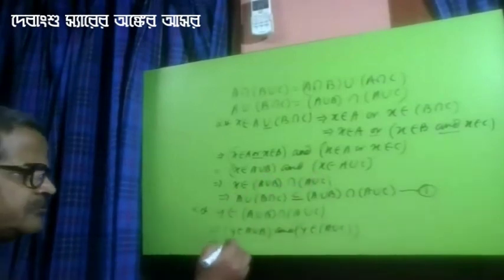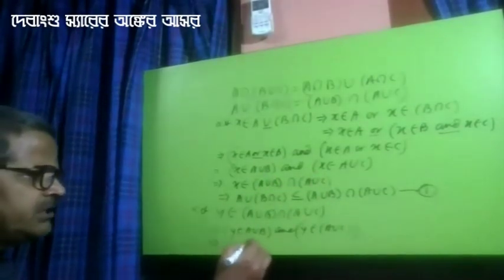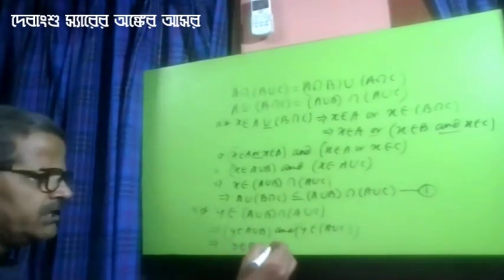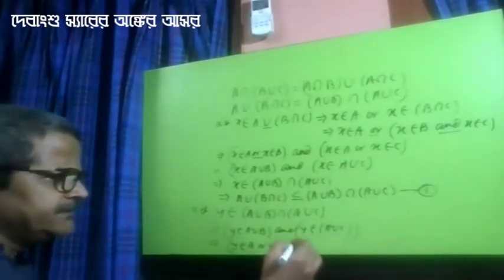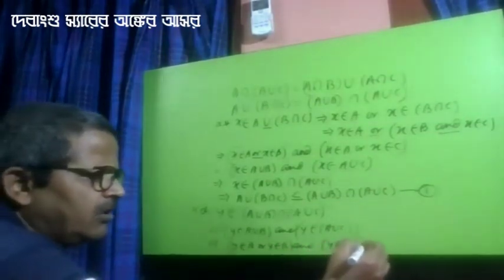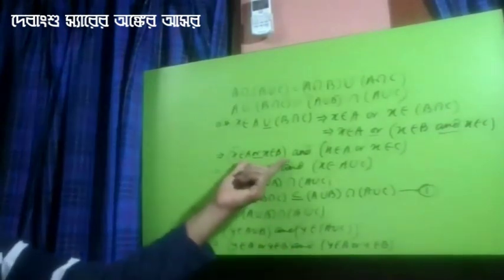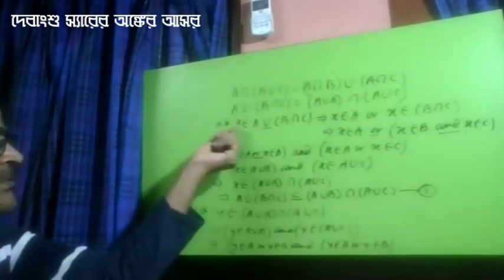The next step will be Y belongs to A, or Y belongs to B, and Y belongs to A or Y belongs to C. Just notice that this is nothing but this step. Only X is replaced by Y. So go on replacing X by Y and move upward. You will have Y belongs to this.